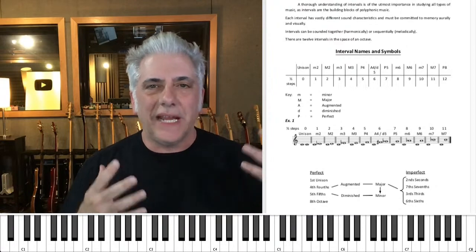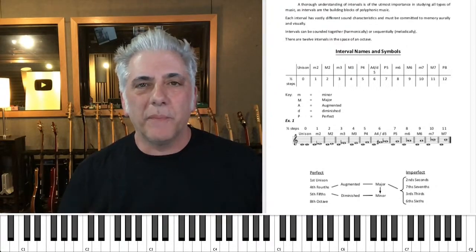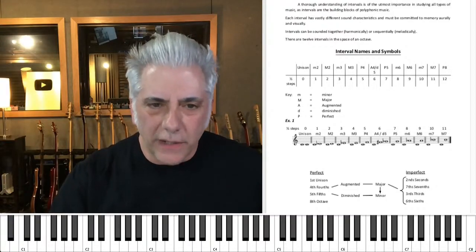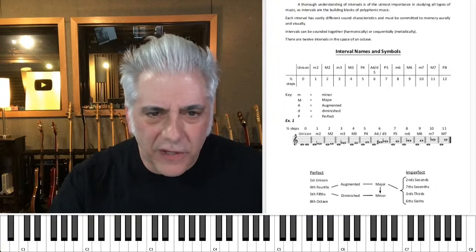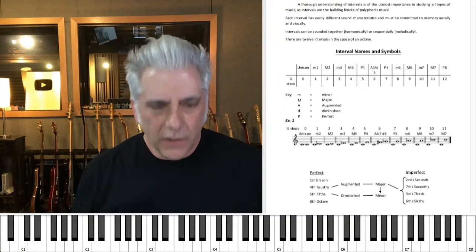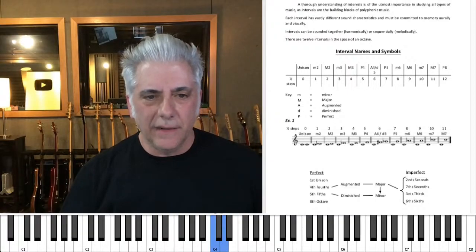So that means that the interval C to D is some type of second. We don't know if it's major or minor second yet. But if you look on this chart here, you'll see that 2 half steps spanned is a major second. Okay? So from C to D, that interval is a major second.